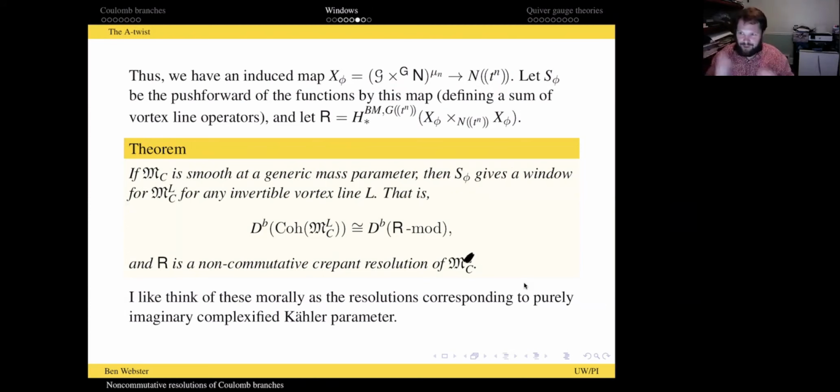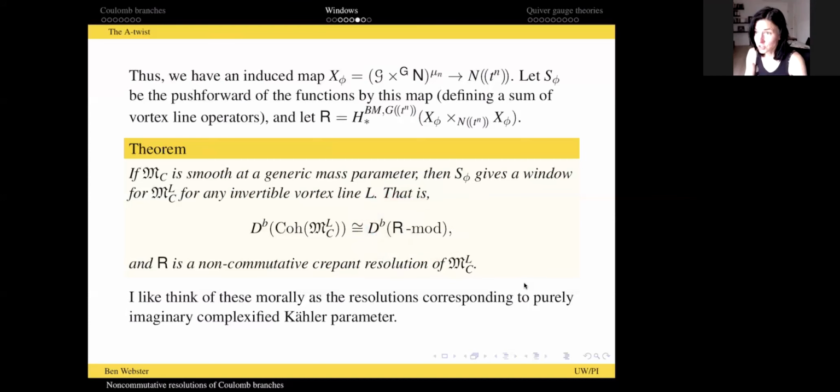And because I'm working with a vortex line, I can really say what that means. And then I take Ext of that with this line operator S, and that gives me a module or a complex of modules over this algebra.